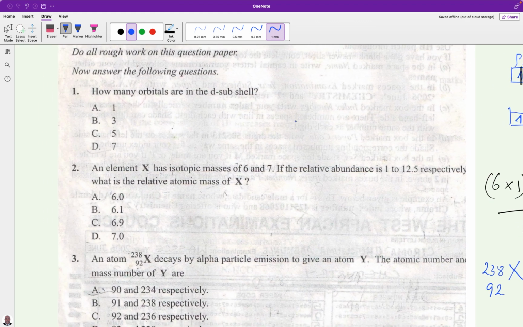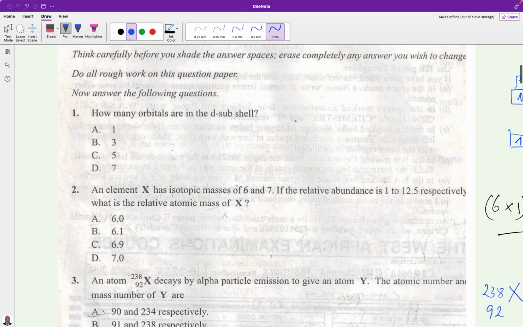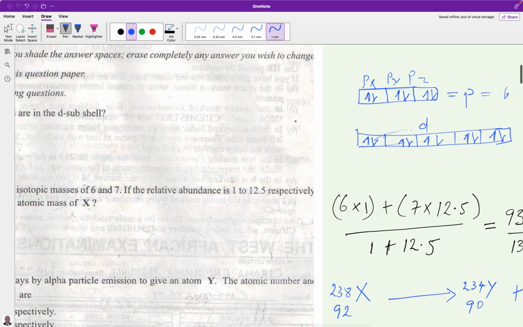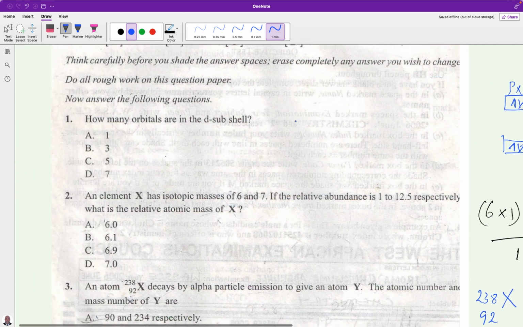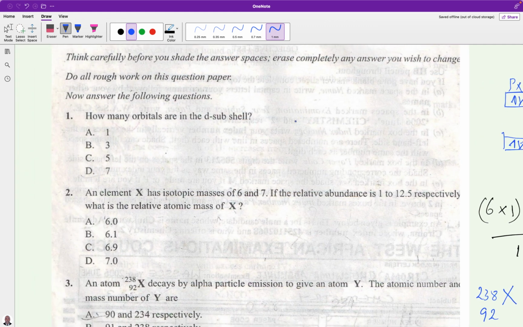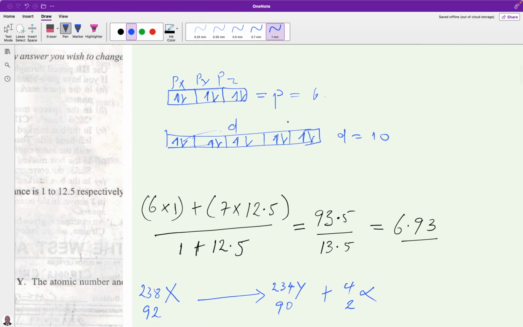From our question, how many orbitals are in the d subshell? An orbital has a maximum of 2 electrons. The d subshell is supposed to have 5 different orbitals, as I've just explained: the first, second, third, fourth, and fifth one.